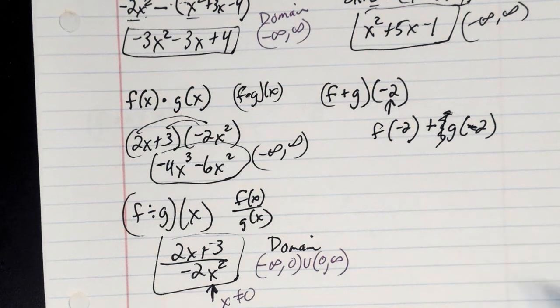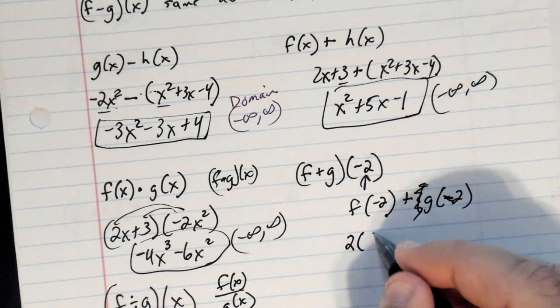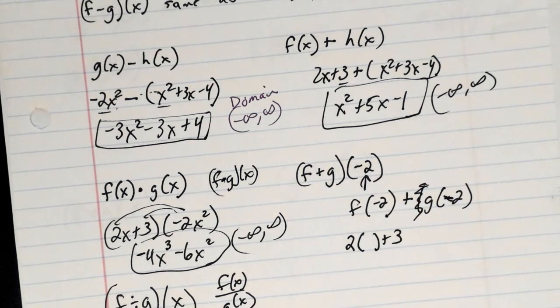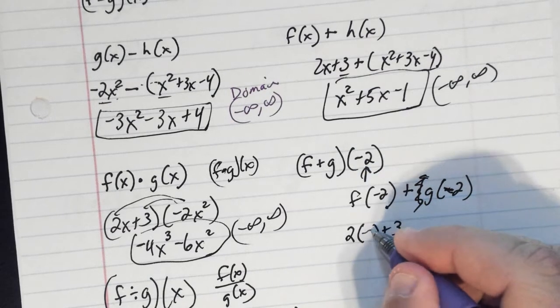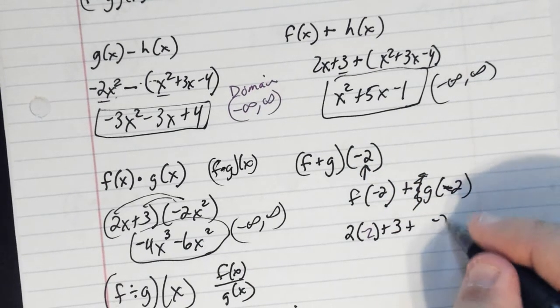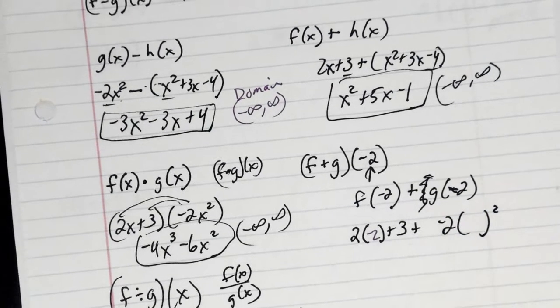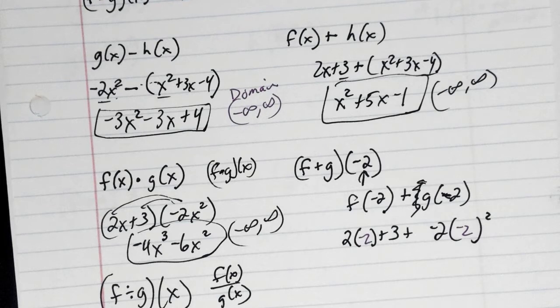We plug negative 2 into the function. So the f function is this. Remember we did this before. Everywhere I see an x, I'm going to put a parentheses, and we're going to put a negative 2 there. And in the g of x, negative 2 times x squared, we're going to put a negative 2 there. And then we're going to simplify.